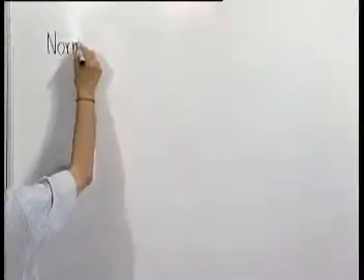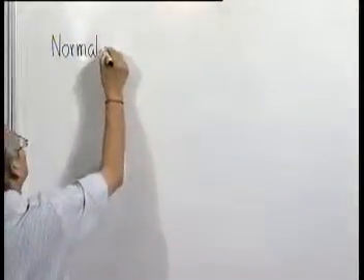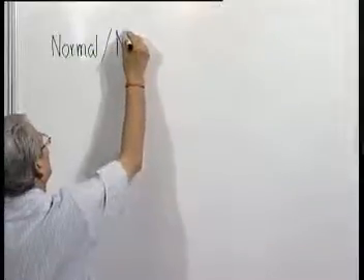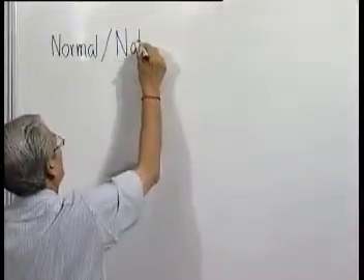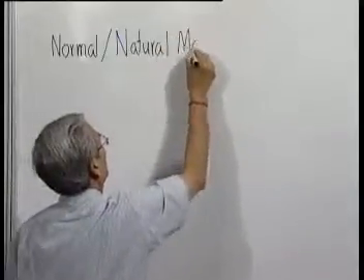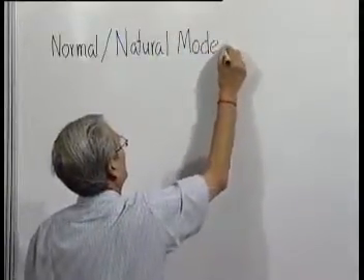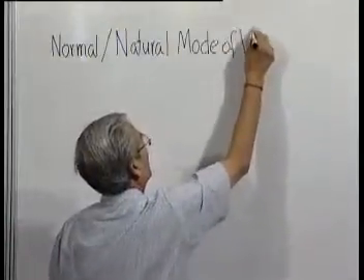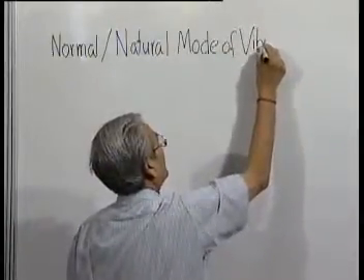Now this type of motion, where the system is executing simple harmonic motion with the same frequency, all the parts of the body, they are called either natural mode of vibration or normal mode of vibration. Both terms are used.